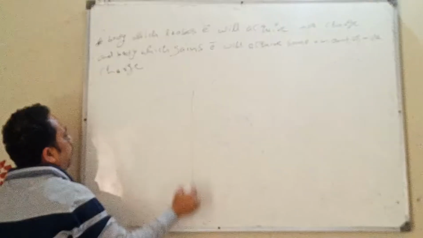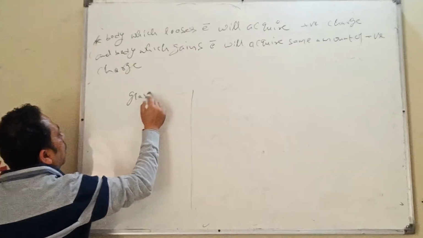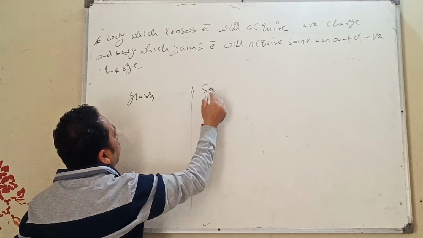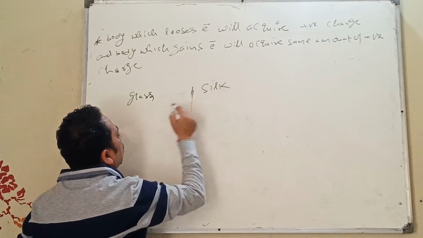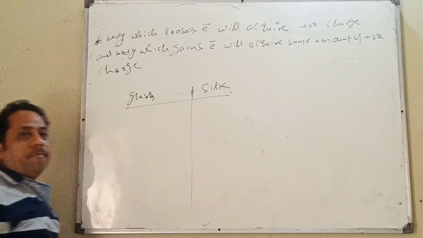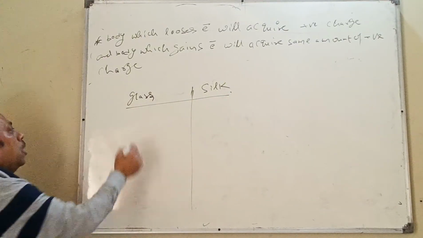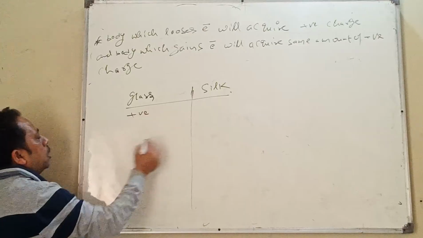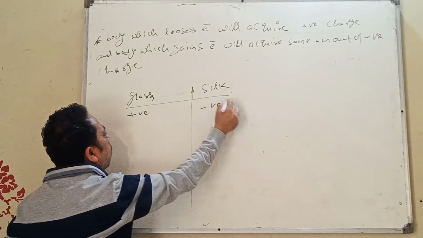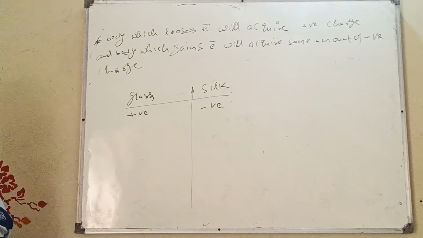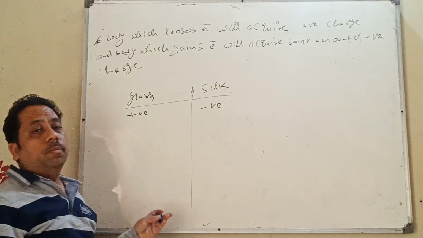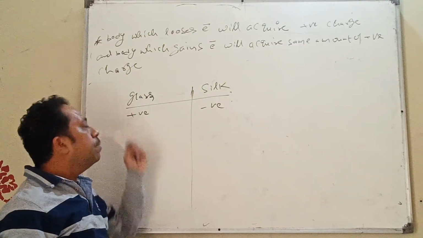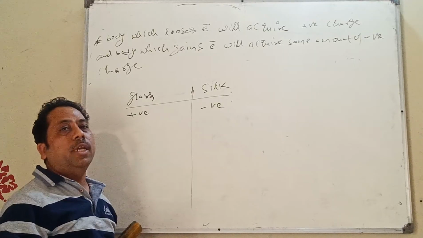For example, if a glass rod is rubbed against silk cloth, then after rubbing, the glass will acquire positive charge and silk will acquire the same amount of negative charge. Now you can understand yourself why it becomes positive and why it becomes negative.